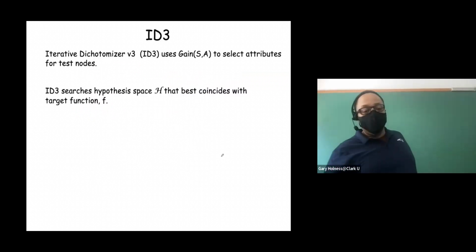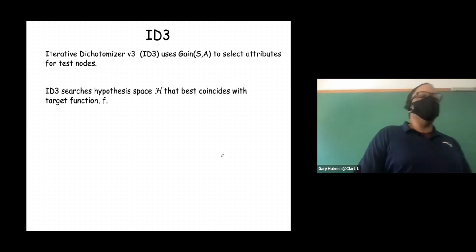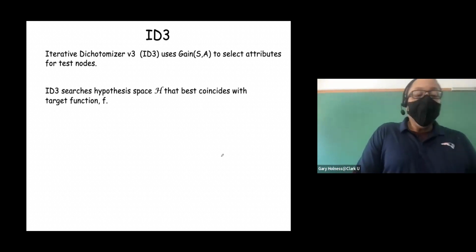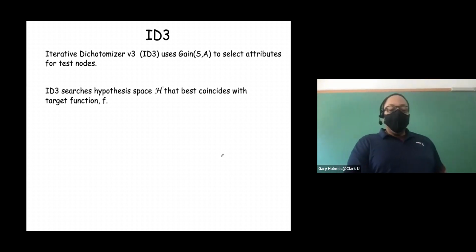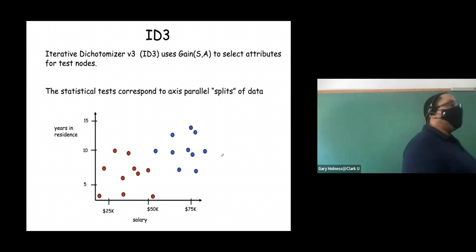And so ID3, iterative deepening algorithm version 3, and no one really knows what 1 and 2 were. It searches through your hypothesis set, and essentially it takes your data, and this is our example we've been carrying through.